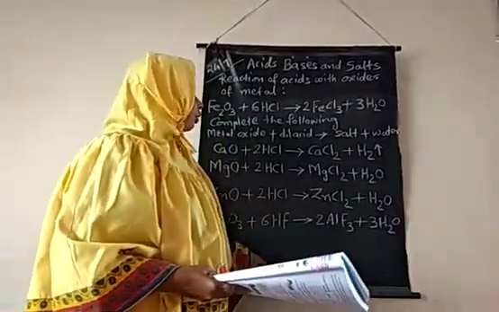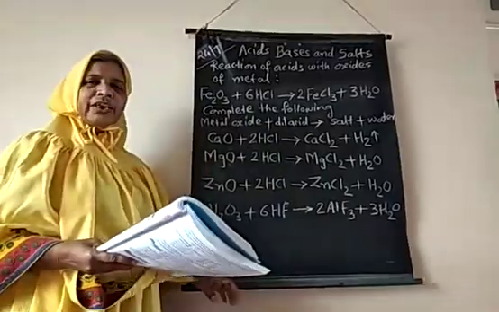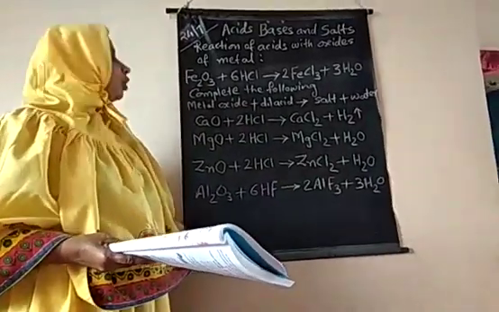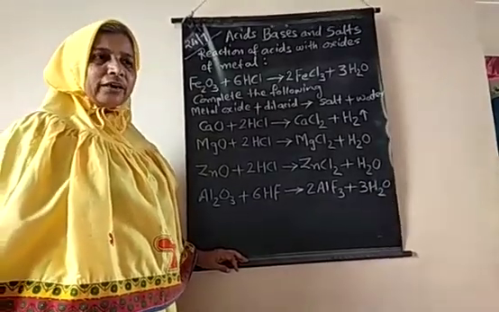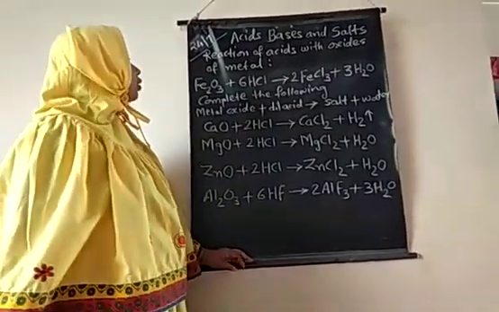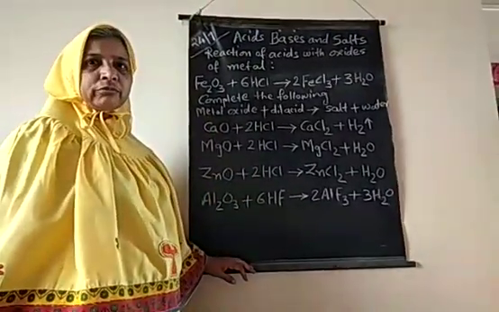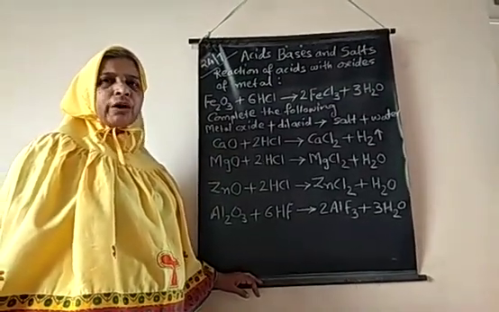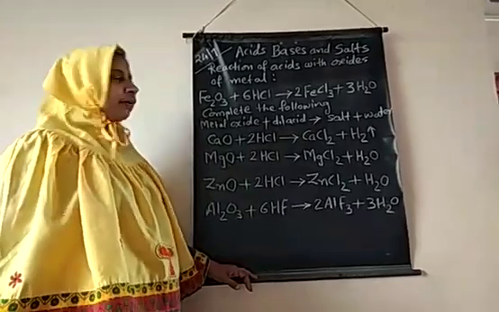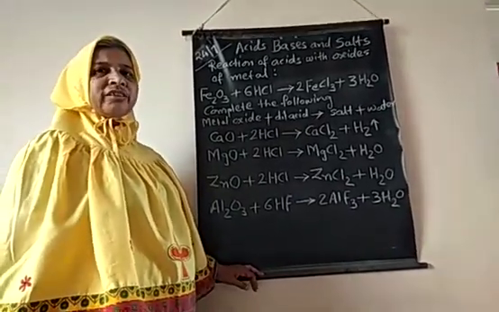This ferric oxide is red in color, and it is mostly used when we are painting some iron article. First we apply one layer of this ferric oxide, and then we paint. So it prevents the metal from rusting. That is why it is called a primer. So it is red in color.